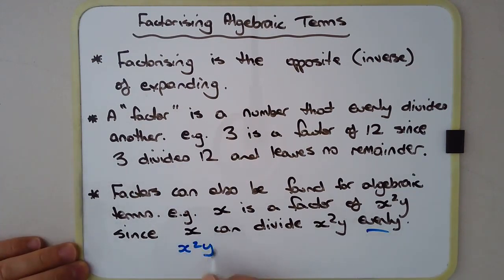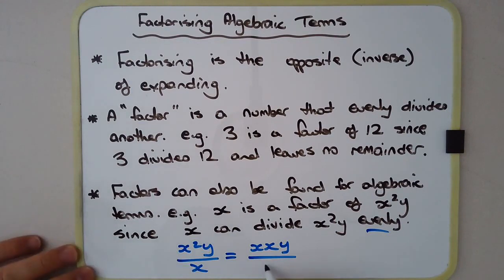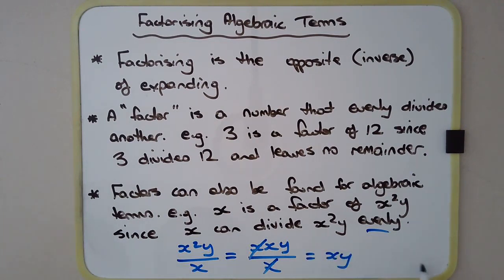If I did x squared y divided by x, what do we get? If you recall, the lesson before was dividing algebraic terms. If you cross these off, you end up with xy, and there's no remainder. So x can divide x squared y.